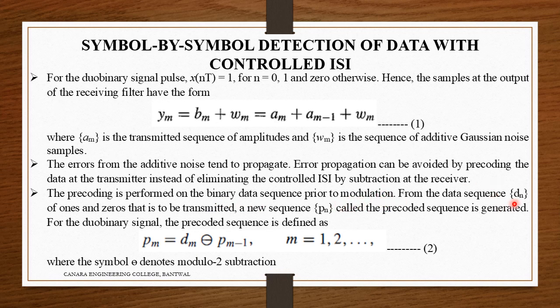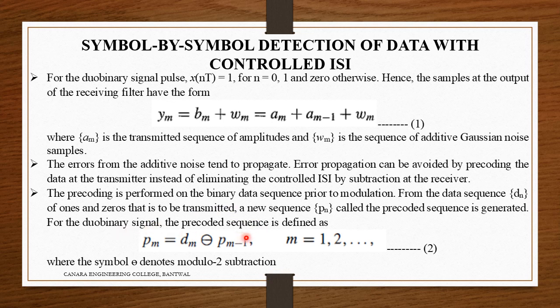From the data sequence d(n) of ones and zeros that is to be transmitted, a new sequence p(n), called the pre-coded sequence, is generated.